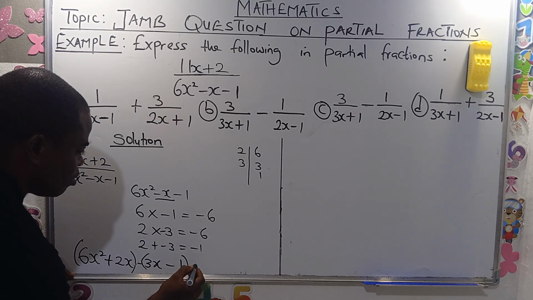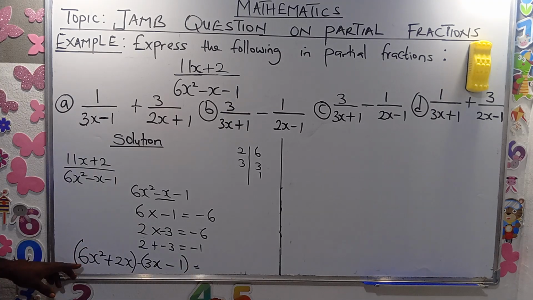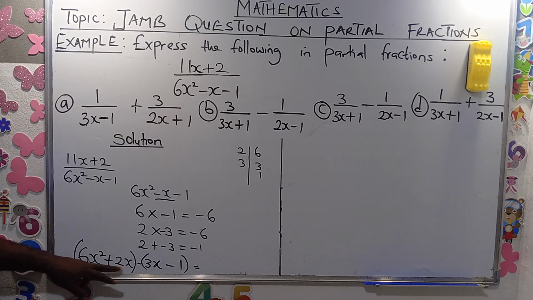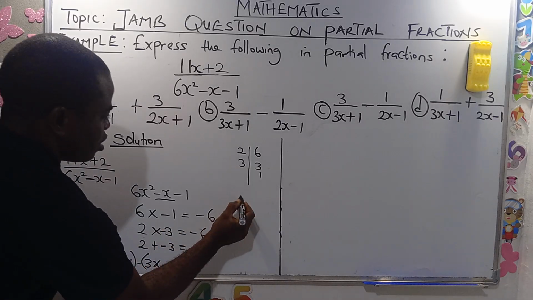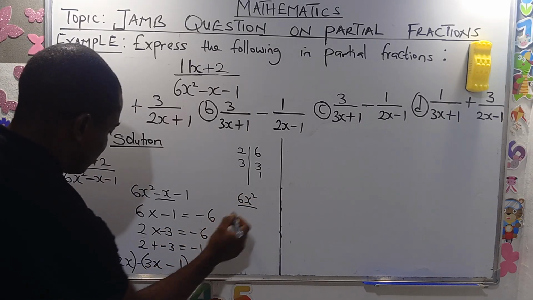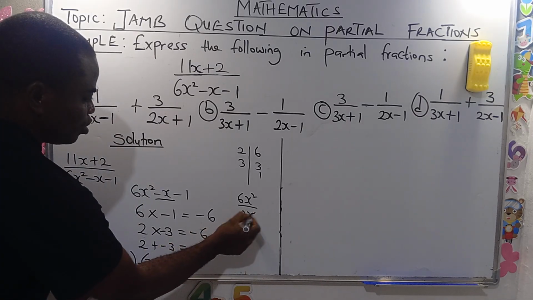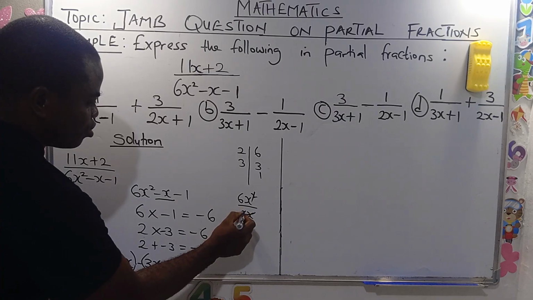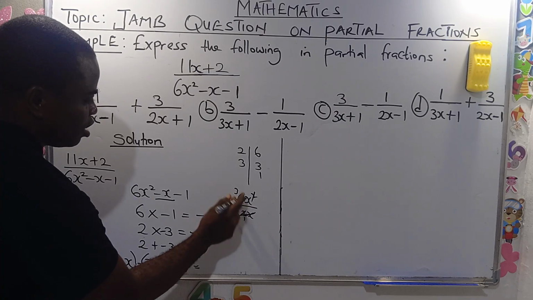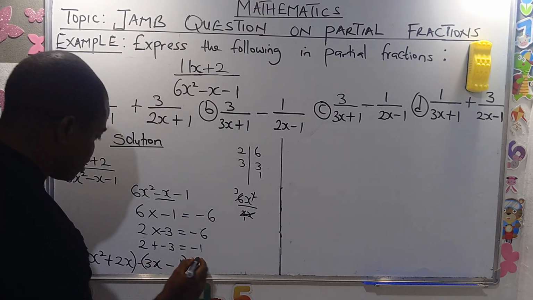What's common between 6x squared and 2x is 2x. Let's try it: 6x squared divided by 2x. The x cancels x, and 2 into 6 is 3, so it goes 3x times.